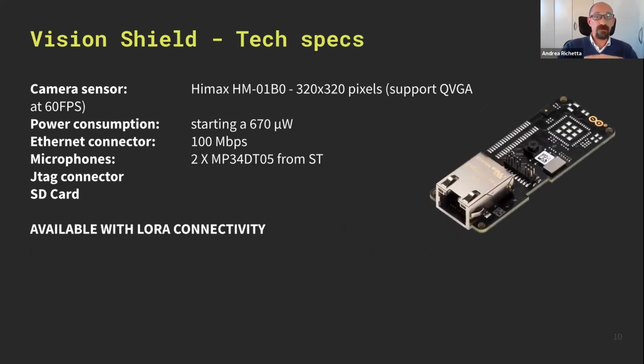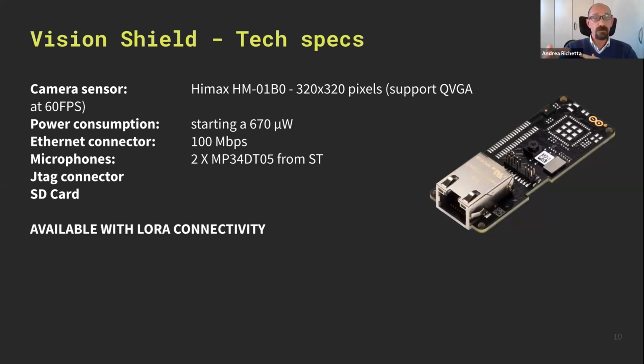Then on the Vision Shield, this is the other part of the demo of today. The Vision Shield is equipped with a camera sensor that supports QVGA at 60 frames per second. It has low power consumption, starting from 670 microwatts.